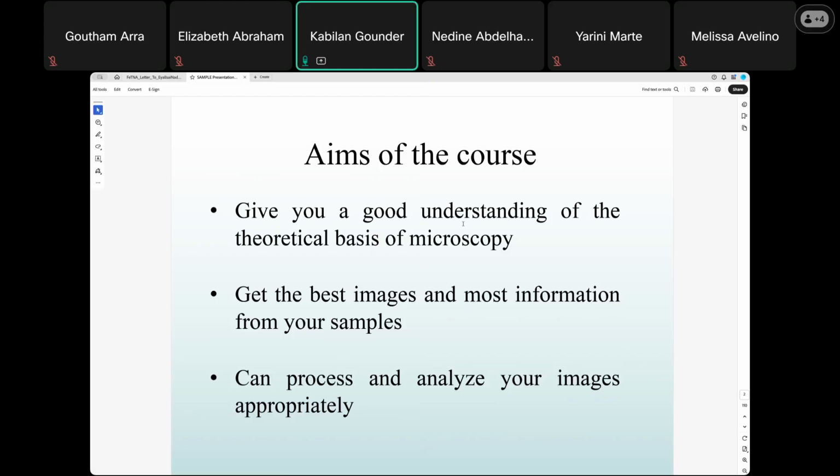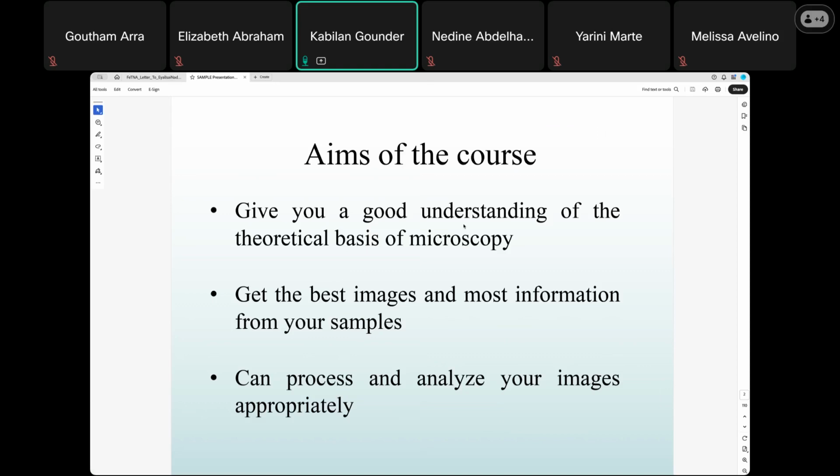So, mainly in the next 16 weeks, what we are going to learn from this course is what different types of microscopes are available, what the application and functions of each microscope are, how to process the samples, how to interpret the images, and how you can correlate images from different types of microscopes along with clinical parameters.